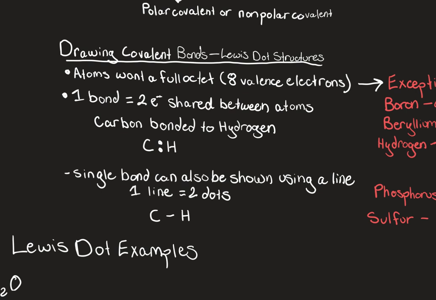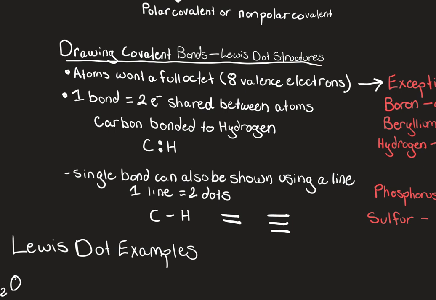We can also use lines to signify bonds. And so a single bond can be shown using a line. So one line equals 2 dots, okay? So now I have my carbon-hydrogen bond as a single bond. I can also use multiple lines to signify multiple bonds, okay? So when I have 2 lines like this, that means I have a double bond, and when I have 3 lines, that means I have a triple bond.